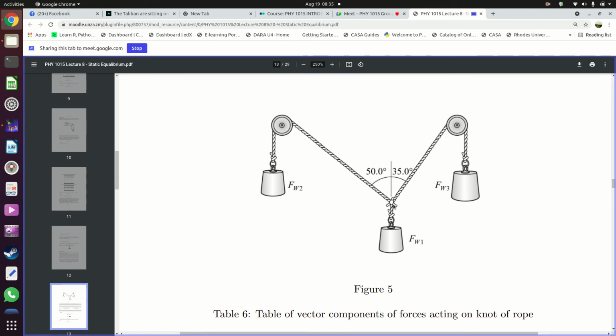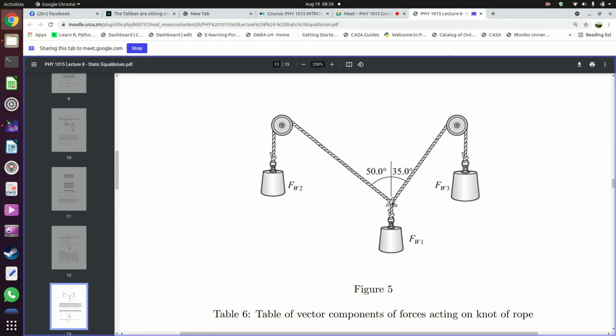This is similar to our example number 1, because in this particular setup, for us to do equilibrium problems, we need to make sure that this point, where this rope and this rope and this part of the rope meet, does not move.